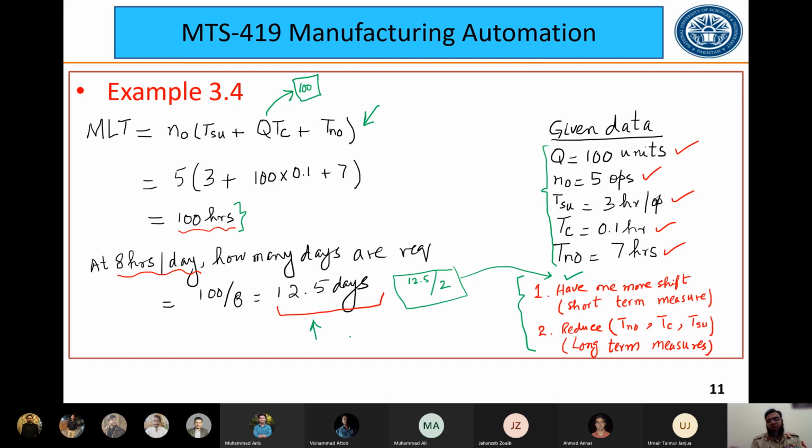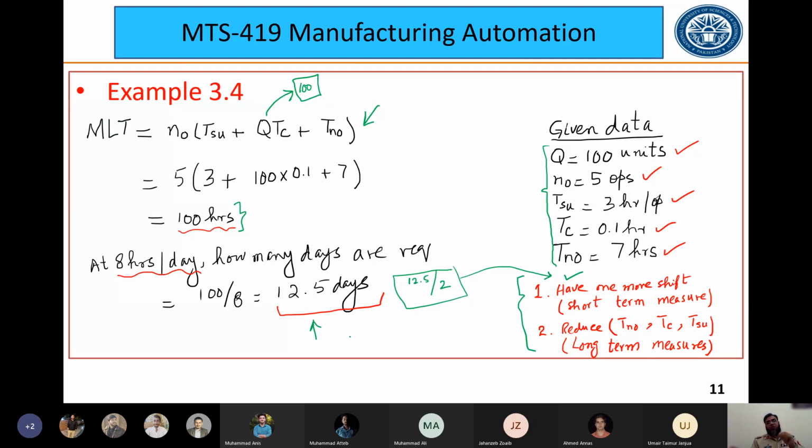As a long term measure, you can reduce T and naught. It means you can improve your handling. You can improve your procedures. आपका जो टूल की हैंडलिंग है, आपकी स्टोरेज है, इन तमाम चीज़ों को आप देखें. You reduce that time. You review your process and reduce your cycle time also. Or the setup time of your tool, that should also be reduced.